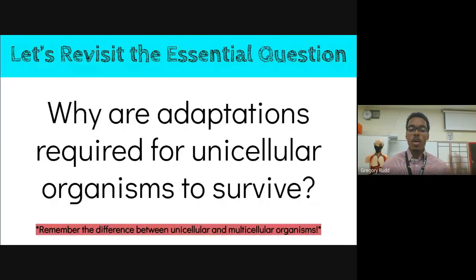Unicellular organisms don't have all of those things. They're just one cell. So they need these adaptations to adapt to their environment. They need these adaptations to seek out food, to ingest food, to digest food. So these adaptations, we can think about them as being similar in purpose to what our organs do for us.